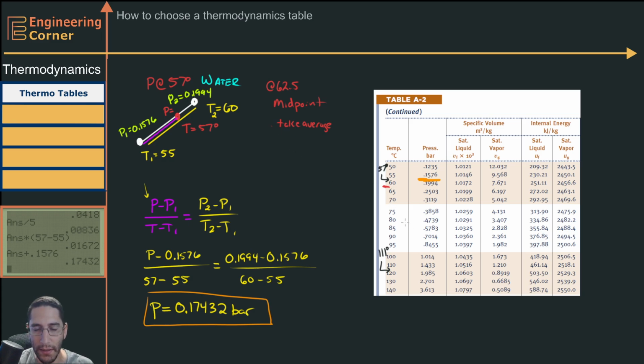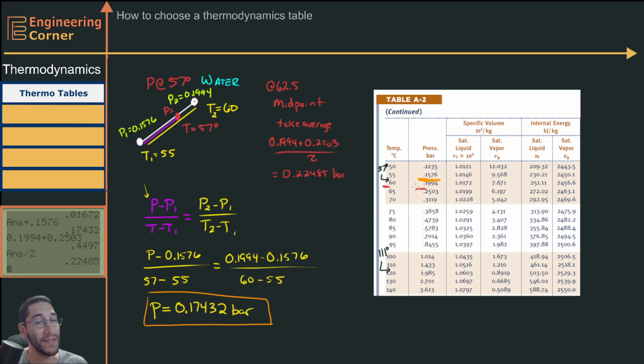So it would be, I said 62.5, so 0.1994 plus 0.2503 divided by 2, and you would get 0.22485 bar. Again, let's check this. Yep, that number is in between. It's actually at the middle, but it's a good habit to get into to check your interpolated values.